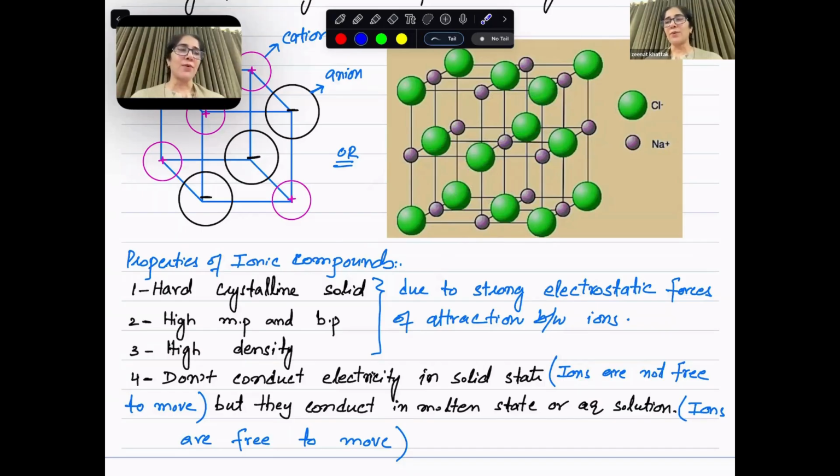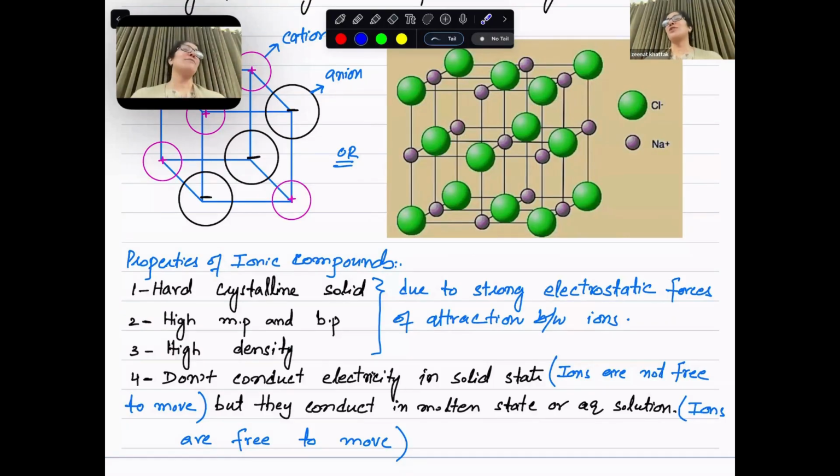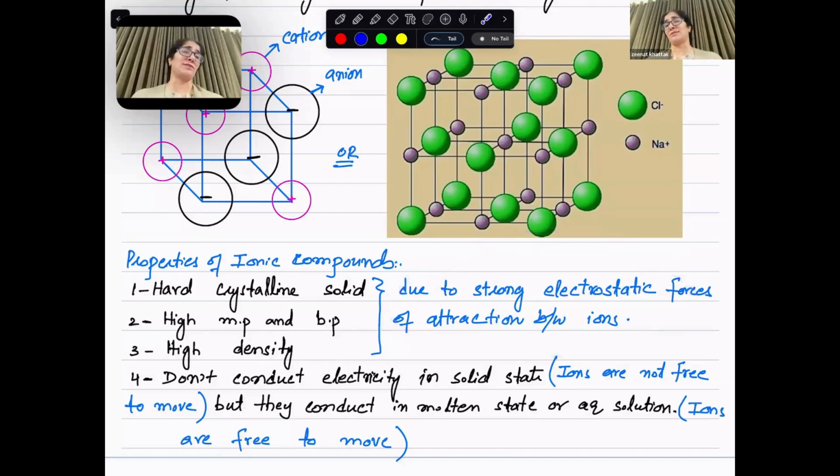So when it is molten or aqueous, it conducts. It's a hard crystalline solid with high melting point, high boiling point, and high density because of strong electrostatic forces of attraction between ions. No intermolecular forces, nothing like this, just electrostatic forces of attraction between ions.